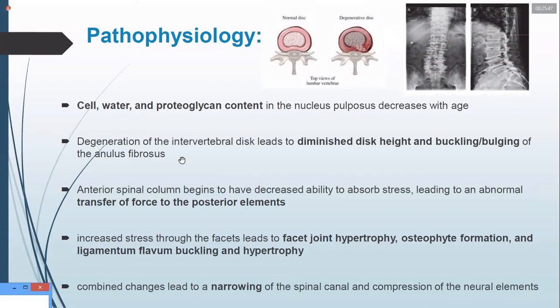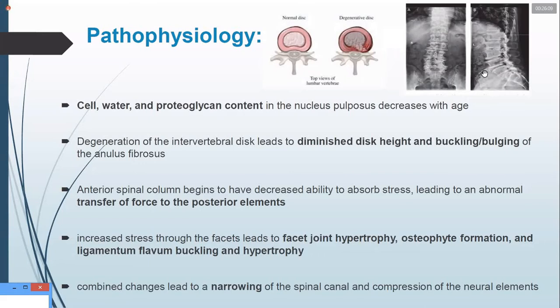So there is facet joint hypertrophy and facet joint arthritis, osteophyte formation, and ligamentum flavum buckling and hypertrophy, and ultimately this leads to narrowing of the spinal canal.